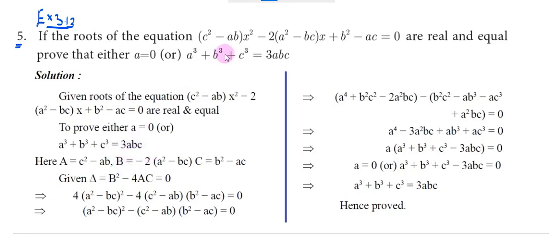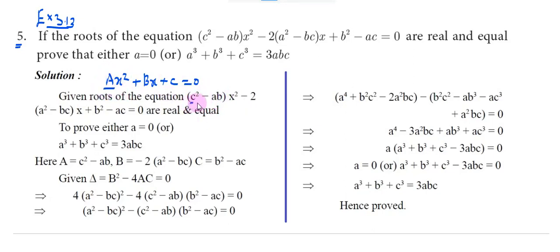Already here we are using small a, small b, small c, so let us take capital A x² plus capital B x plus capital C equal to 0, the general form of the quadratic equation. Just compare and equate. The x² coefficient here is capital A, and in the given equation it is c² − ab.